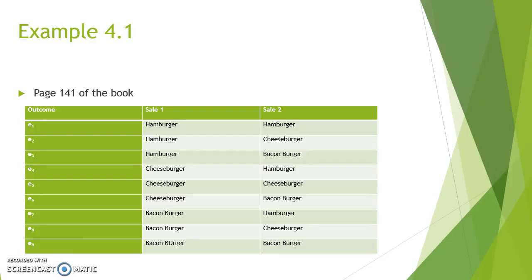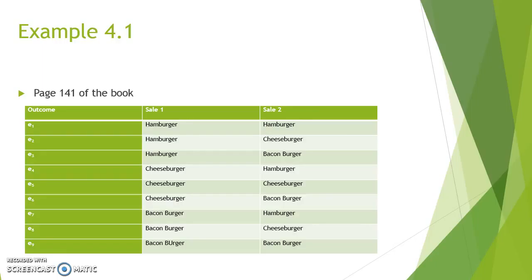The sales manager for the Five Guys hamburger chain is interested in analyzing the sales of its 3 best-selling hamburgers. As part of the analysis, he might be interested in determining the sample space, all the different possible outcomes that could occur for 2 randomly selected customers. To do this, he can use the following steps.